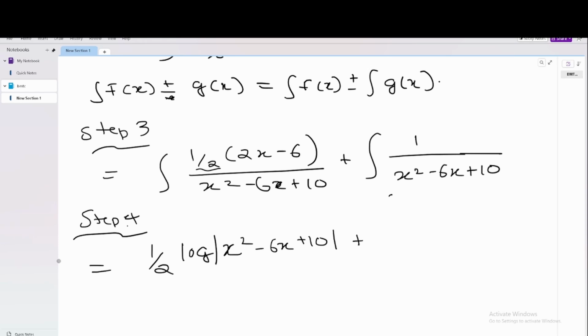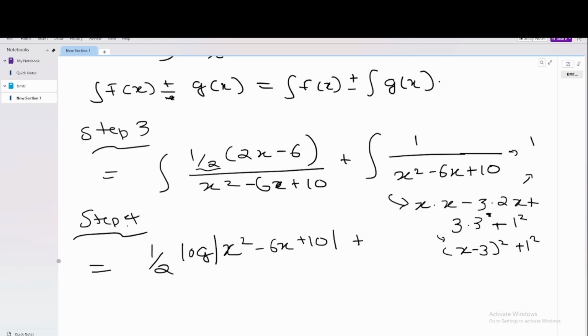Now this term can be written like this: x square minus 2 into 3 into x plus 10 can be written as x minus 3 whole square plus 1 square.